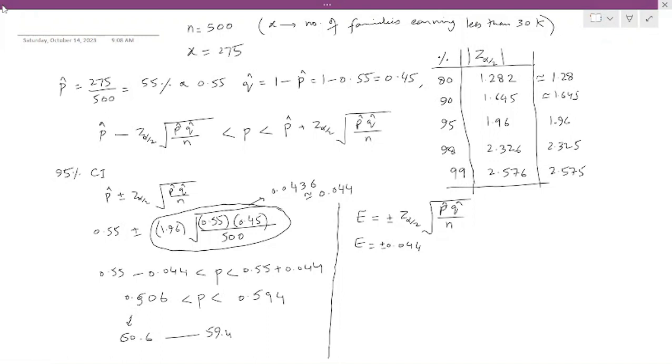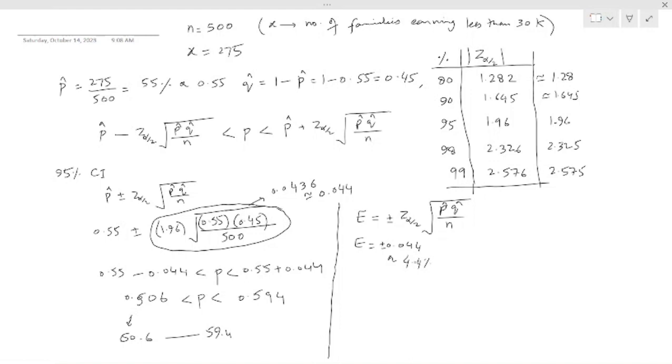So we can interpret this answer as: the estimated percentage of the families living in the city who are earning less than 30,000 rupees a month lies within 4.4% of the actual.